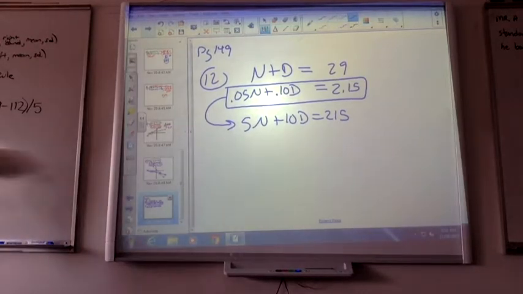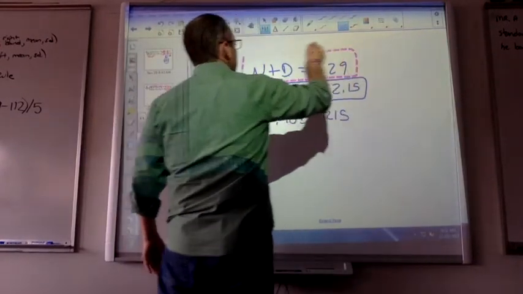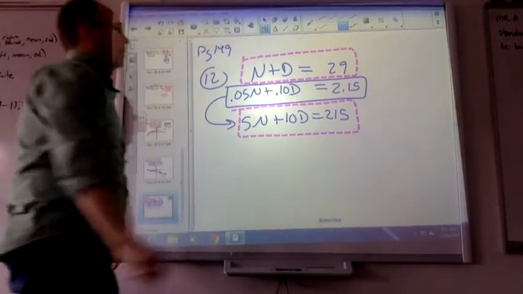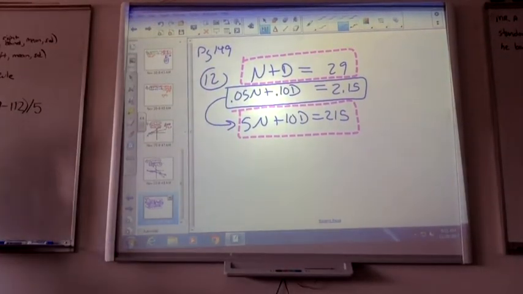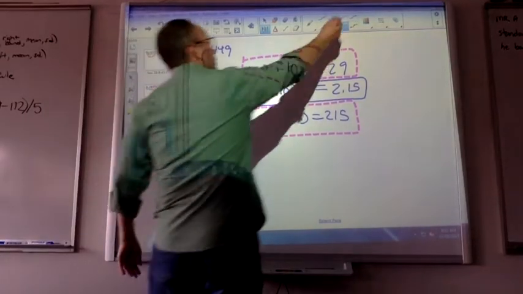So I need to choose between here and here what I could do. I think I would like to get rid of dimes. The reason I'm choosing dimes is because if I multiply that total top equation by -10, the dimes were 10 cents, right? If I multiply the whole top equation by -10, something good might happen.